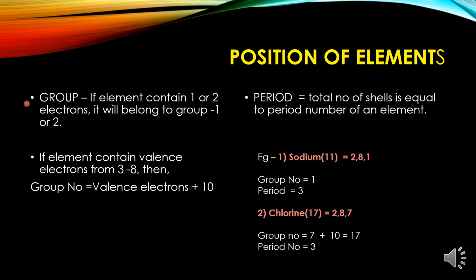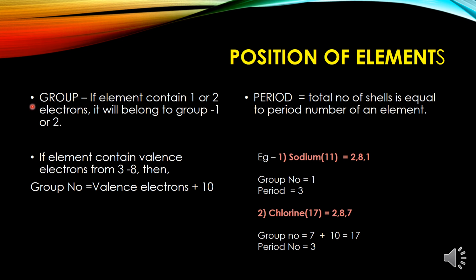Children, for finding the period, we will write its electronic configuration. The total number of shells will be equal to the period number. If any element contains 3 shells, it belongs to the third period. If it contains 4 shells, it belongs to the fourth period. Now the group.